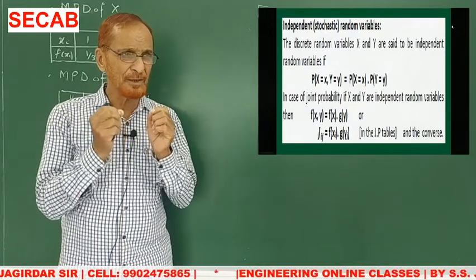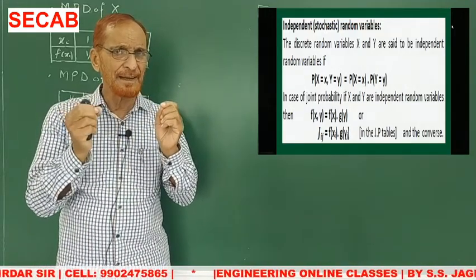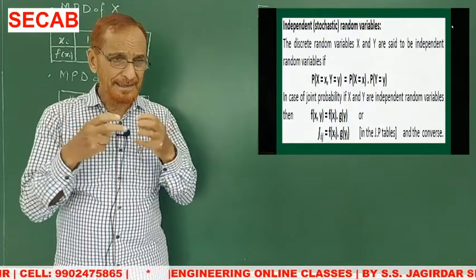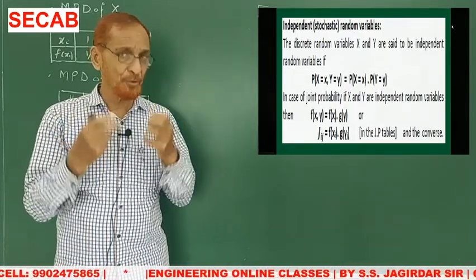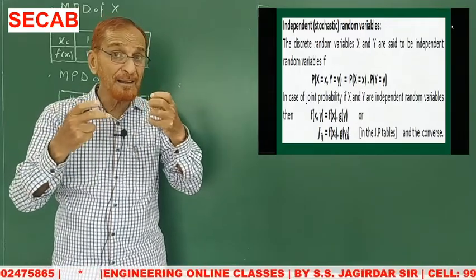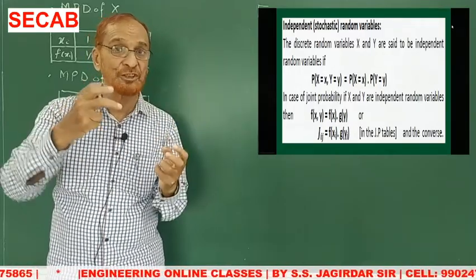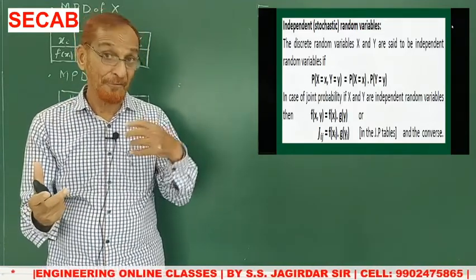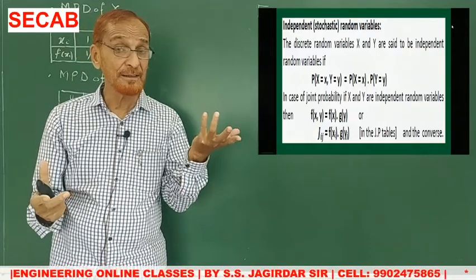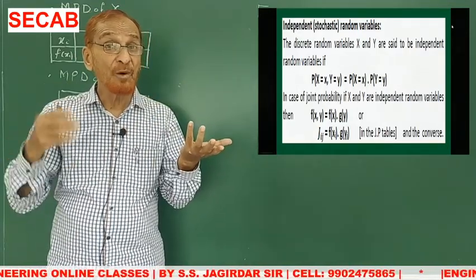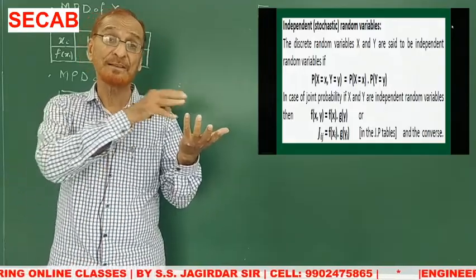When x and y are reacting with each other in any process, are they reacting independently, or are they dependent on each other? Does one occurring affect the happening of the other, or are both totally independent, with one happening having nothing to do with the happening of the other?